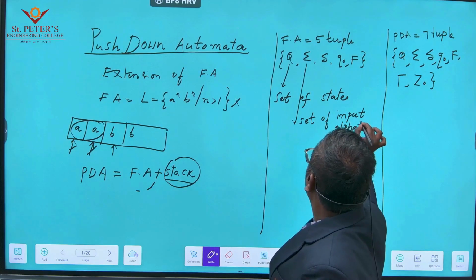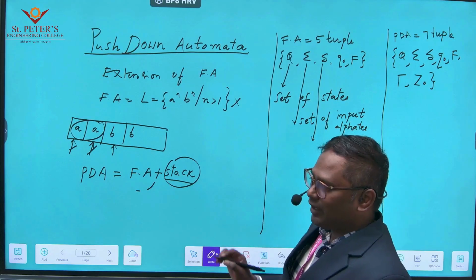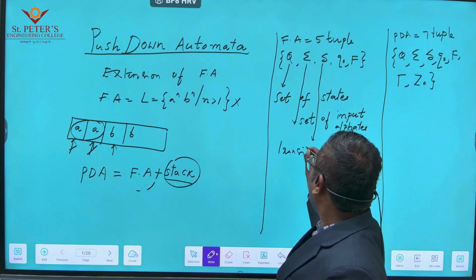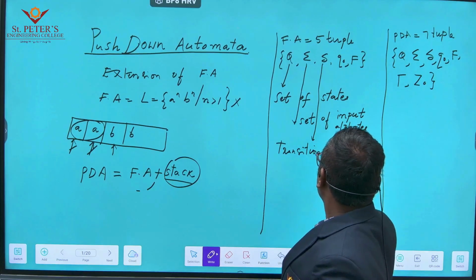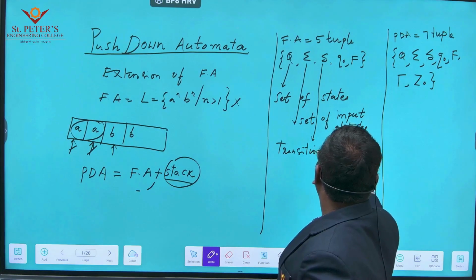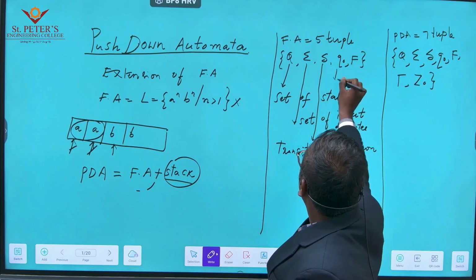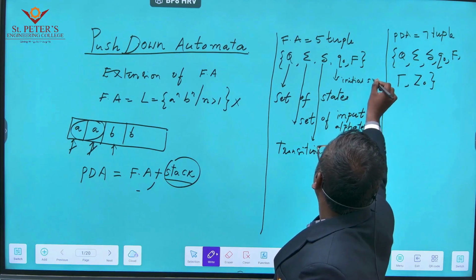Delta indicates the transition function. Q naught is the initial state.